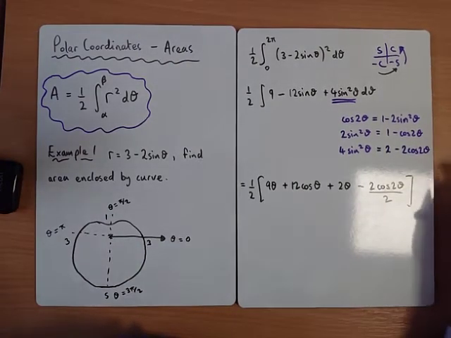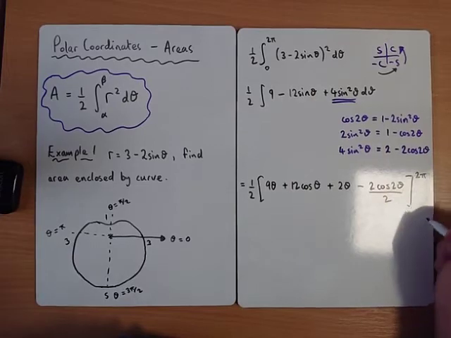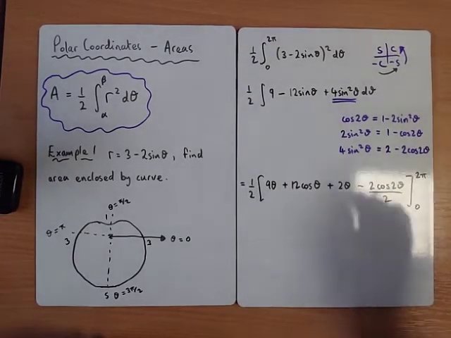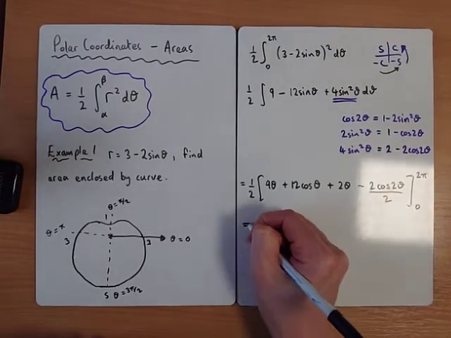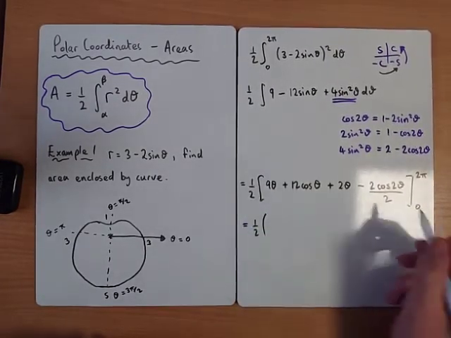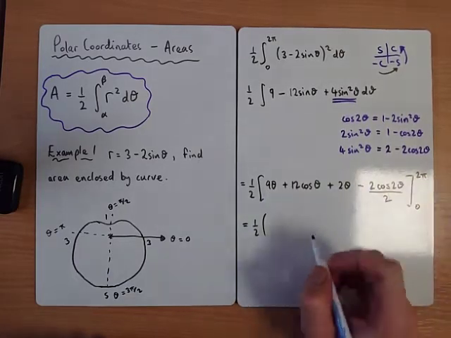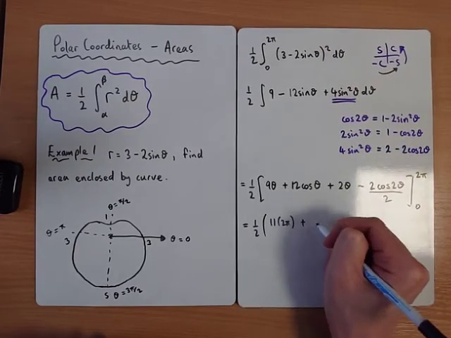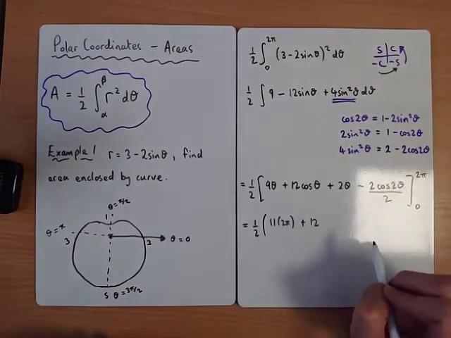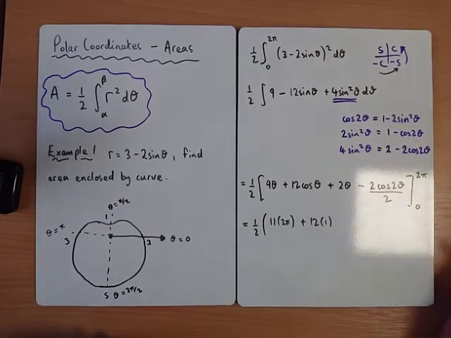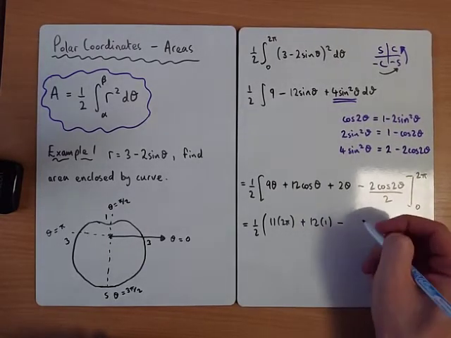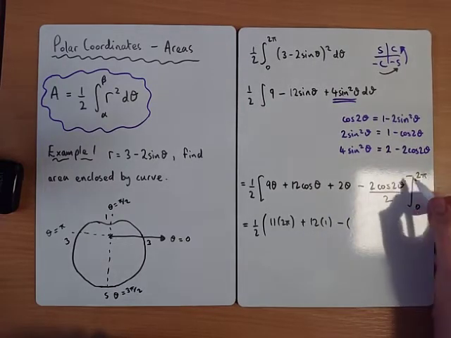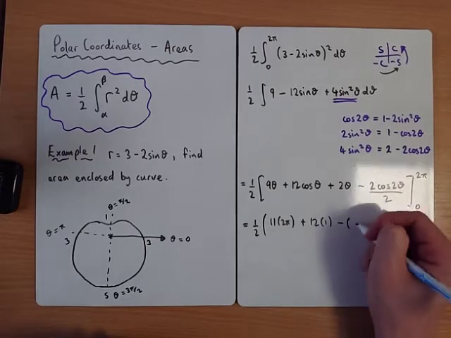And then all we've got to do now is tidy up and sub our limits in, which are 2 pi and 0. So we've got 11 theta, so that'll be 11 lots of 2 pi. Cos of 2 pi is 1, minus cos of 4 pi, which is still 1.